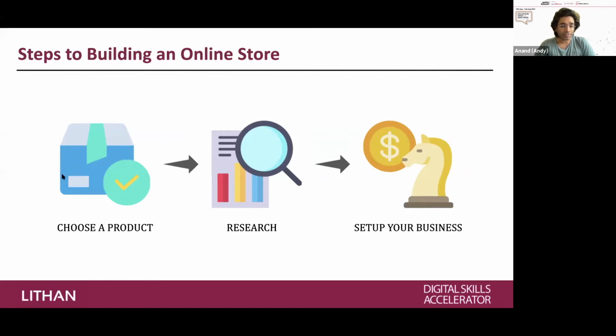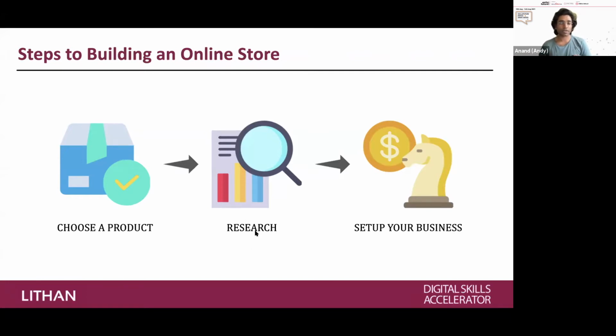Now, again, as I said earlier, depending on where you are, you may want to play around with these steps. Some people, let's say, if you're not very clear, you want to get into e-commerce, but you're not very clear on what product you want to choose, then you may want to flip the steps here. You may want to start off with research as the first step.